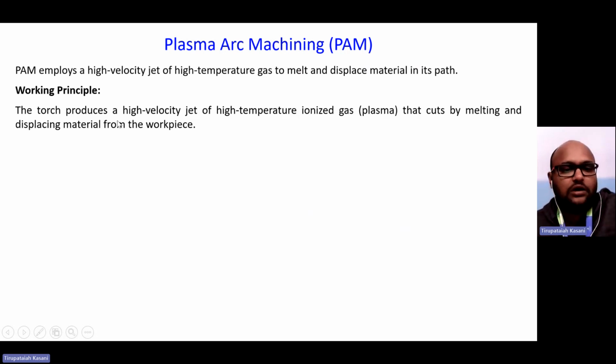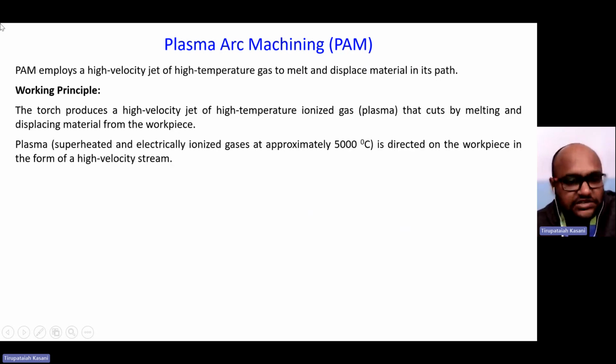Working principle: the torch produces a high velocity jet of high temperature ionized gas, that is plasma, that cuts by melting and displacing material from the workpiece. Plasma is superheated and electrically ionized gas at approximately 5000 degrees centigrade. The plasma is directed on the workpiece in the form of a high velocity stream.